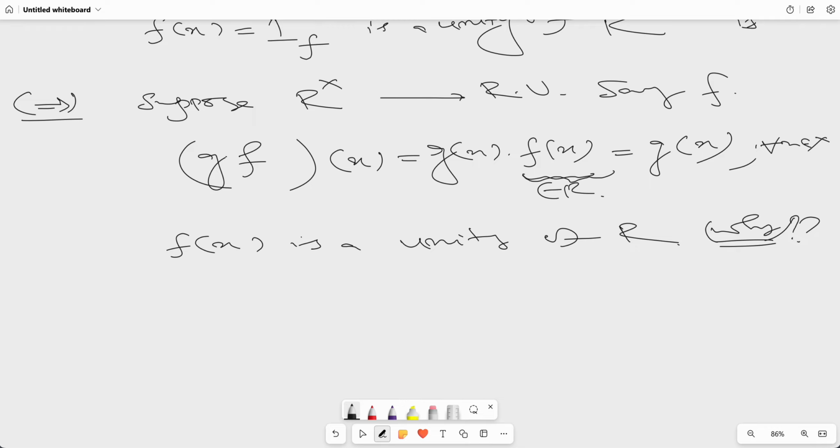This element is lying inside R, but why should it be a unit? f(x) is a unit. Why?